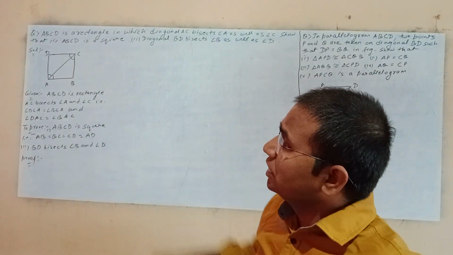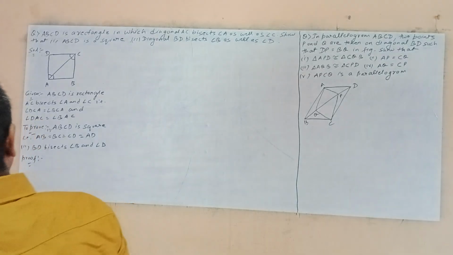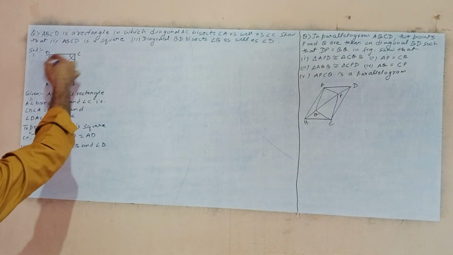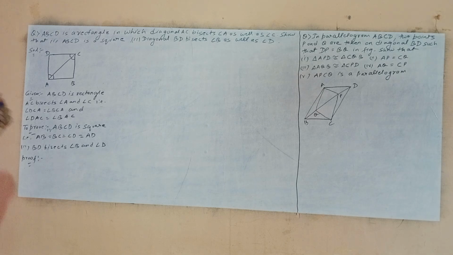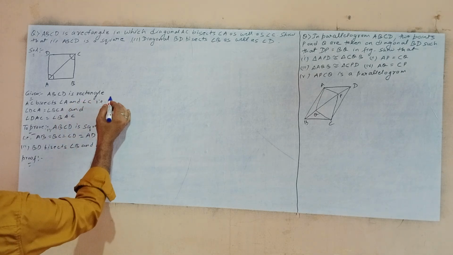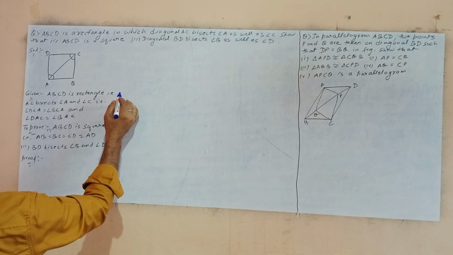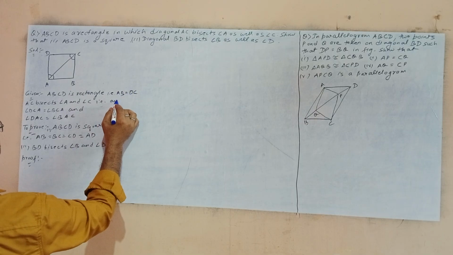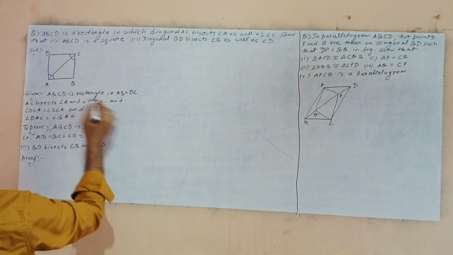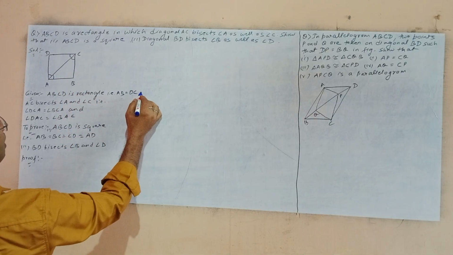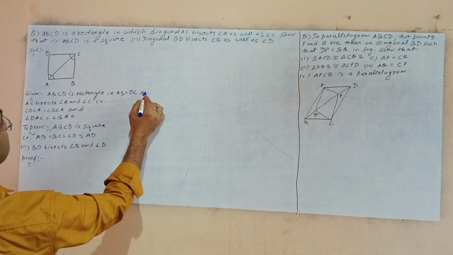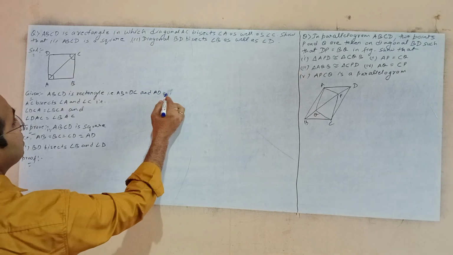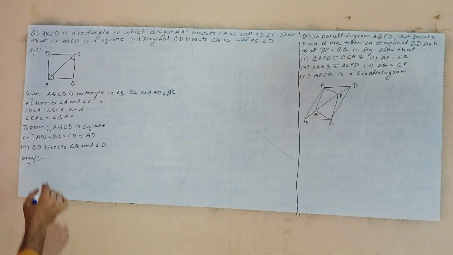So when you compare all the equations, if this angle is equal to this angle and this angle is equal to this angle, then the sides will be equal to each other. Then here a rectangle is there, so you will write AB is equal to DC and AD is equal to BC.